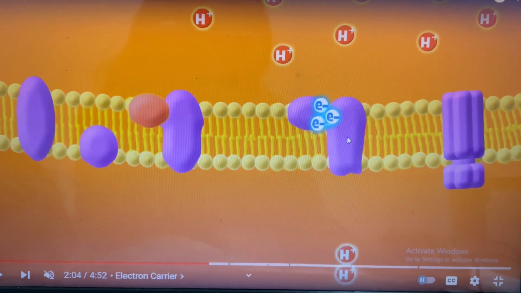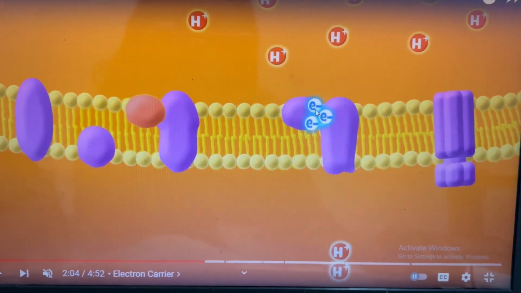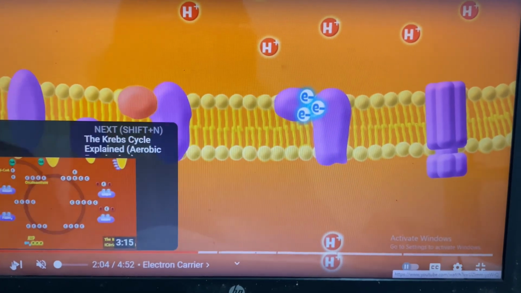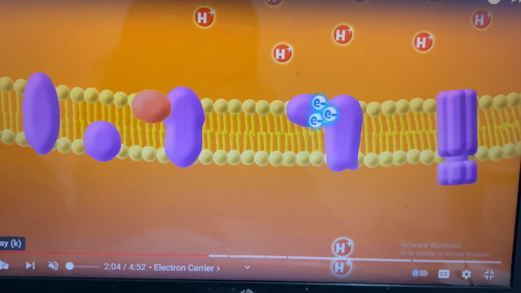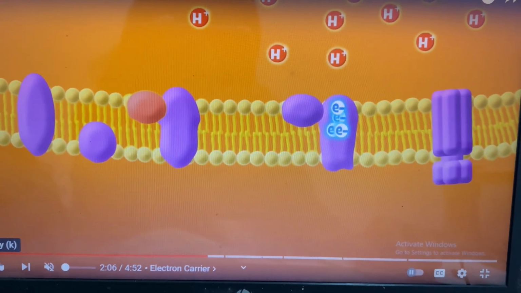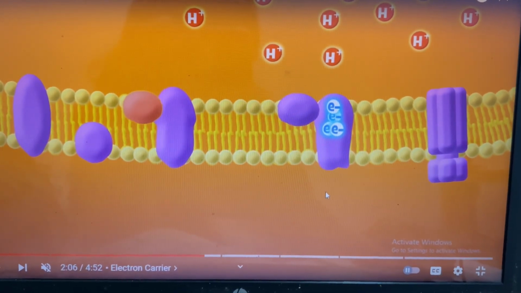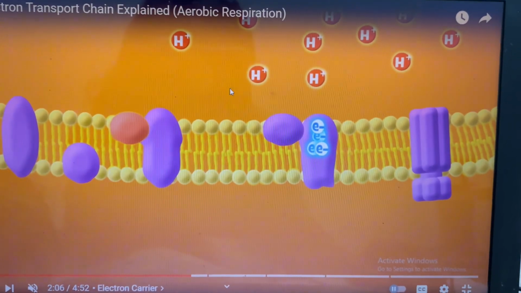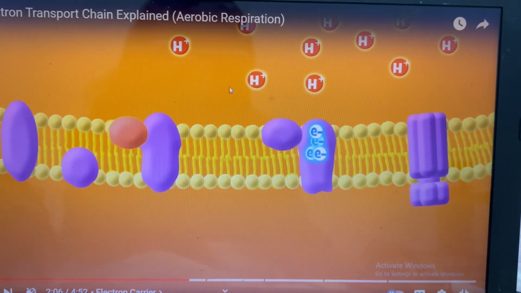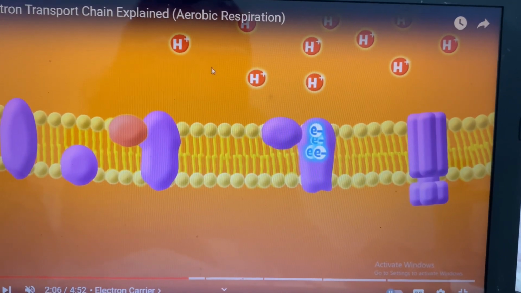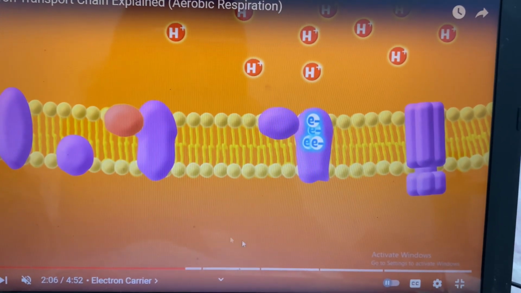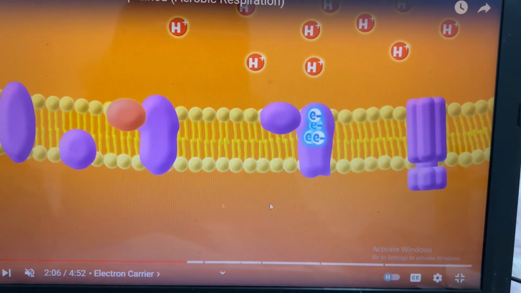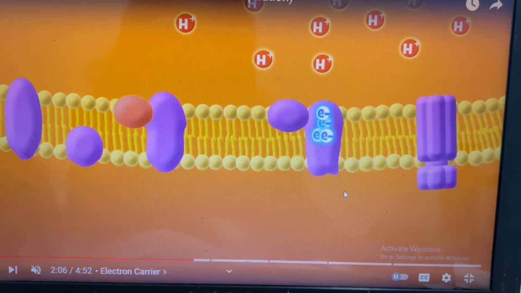And again, in a similar fashion, as soon as complex 4 gets the electrons, they get energized, they get supercharged, and they use this energy to pump protons from the matrix to the intermembrane space. So by now, a high proton concentration is created in the intermembrane space and a low concentration of protons is maintained in the mitochondrial matrix.